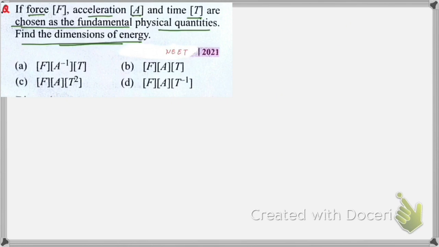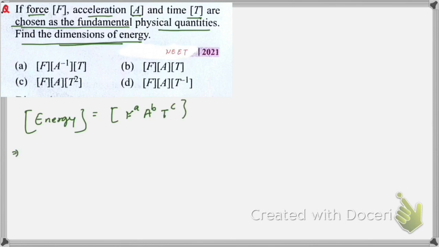For that, let us consider that the dimensional formula of energy is equal to F to the power a, A to the power b and T to the power c. Let us consider it that way.